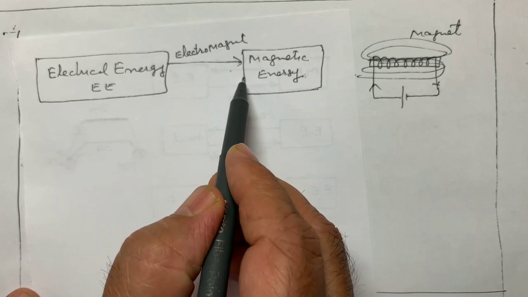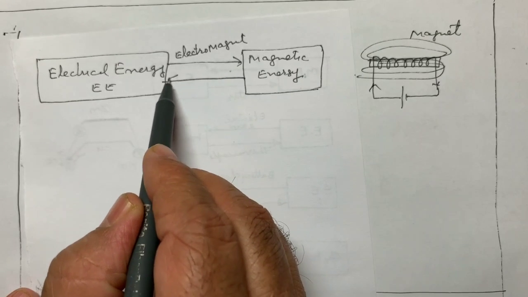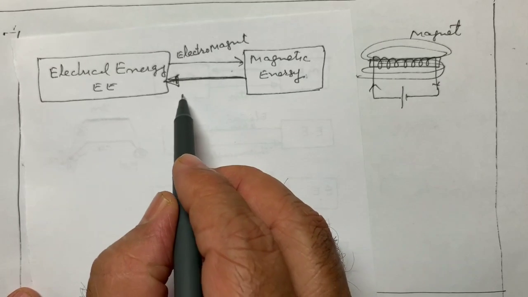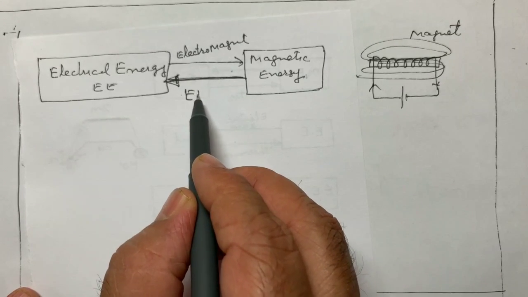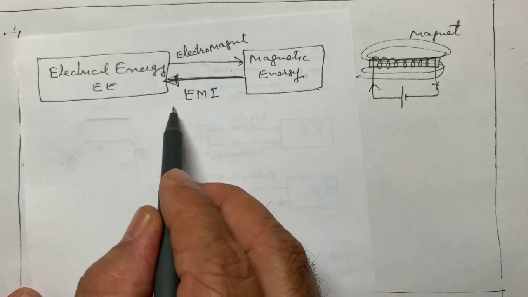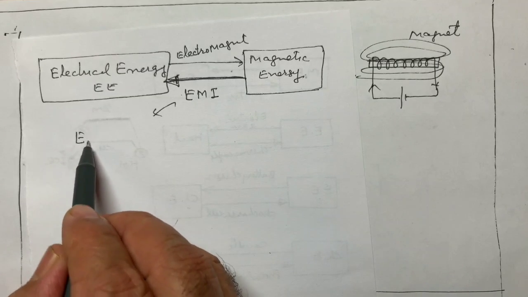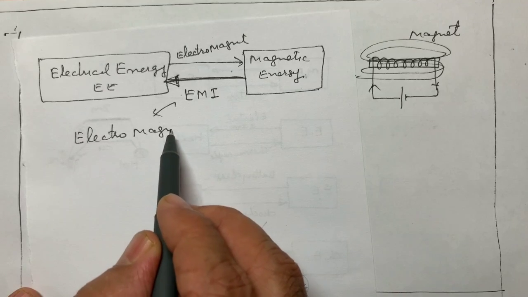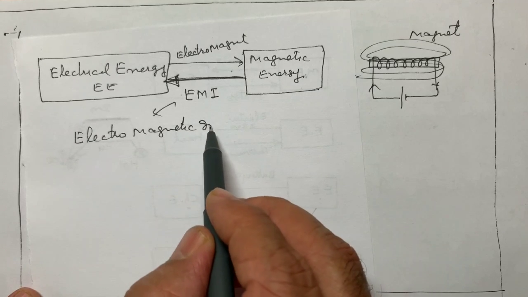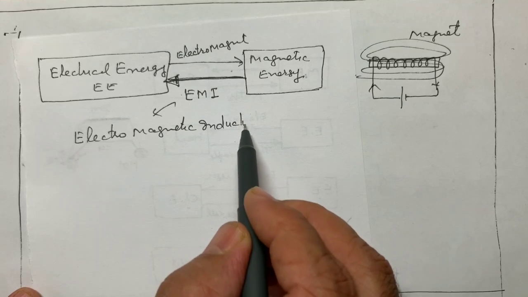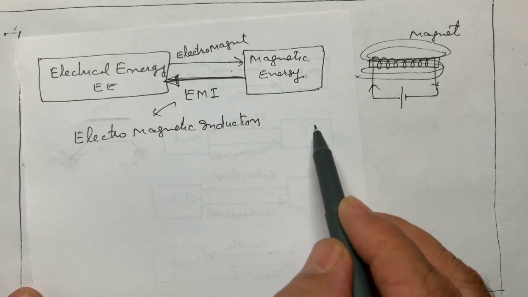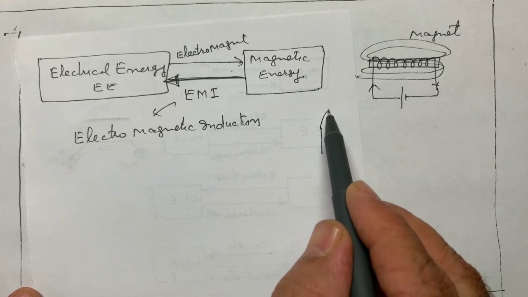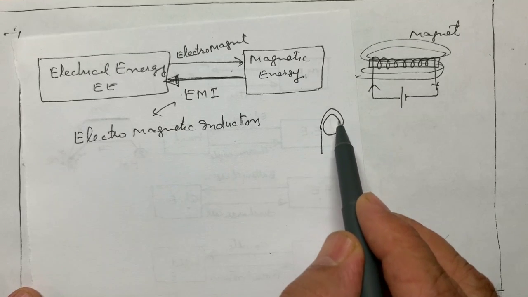On the other side, magnetic energy is converted into electrical energy. That is EMI, which is known as electromagnetic induction. What we do here, let me suppose this is a coil.